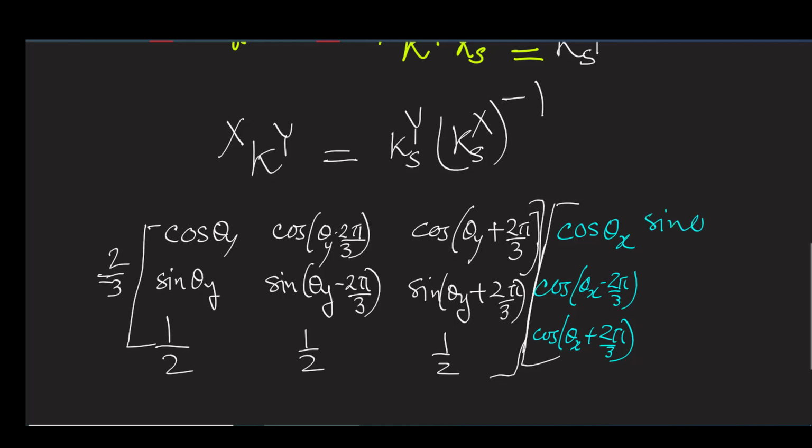Then here it will be sin theta x, in the next column sin theta x minus 2 pi by 3 and sin theta x plus 2 pi by 3. Then the last line will be 1 1 1.